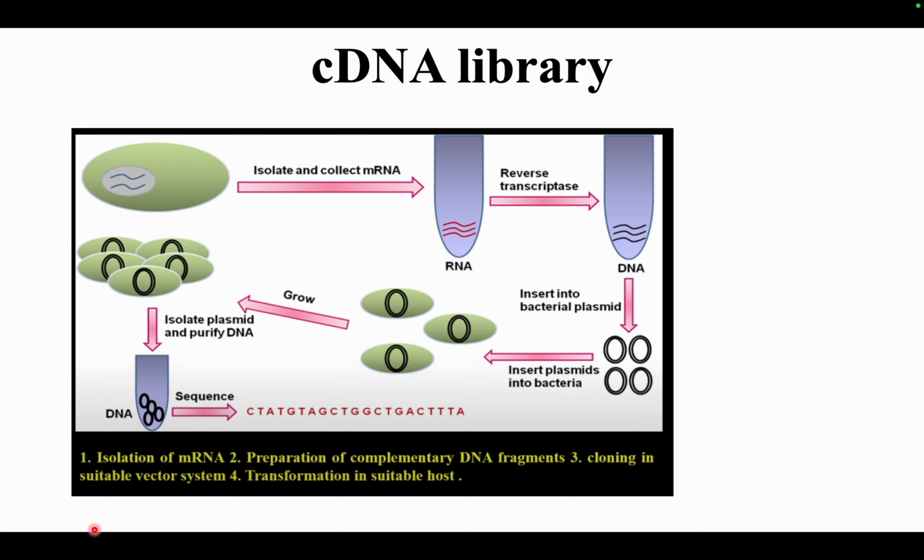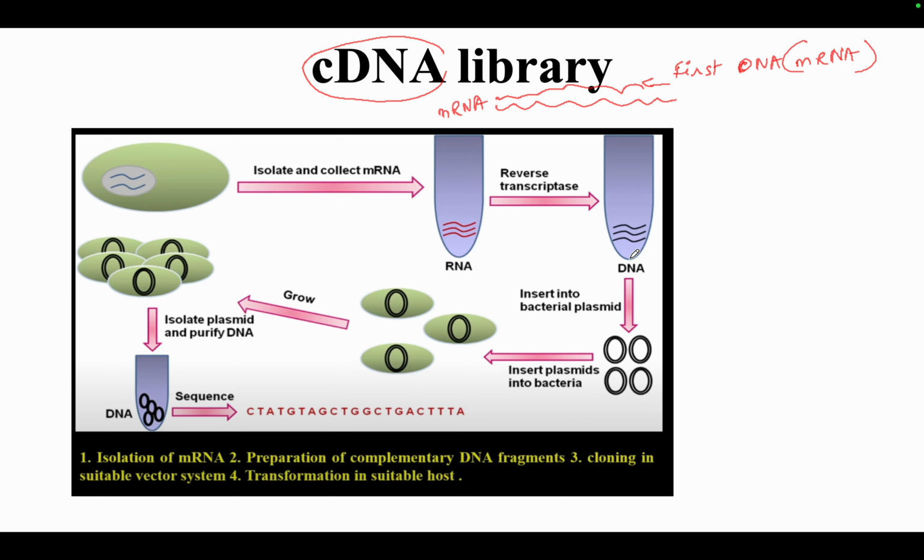Reverse transcriptase is the enzyme which uses RNA as a template, and it will carry out the synthesis of the first DNA strand onto the mRNA. This first strand which is synthesized on mRNA is known as cDNA. Why cDNA? Because it's a complementary DNA to our mRNA.